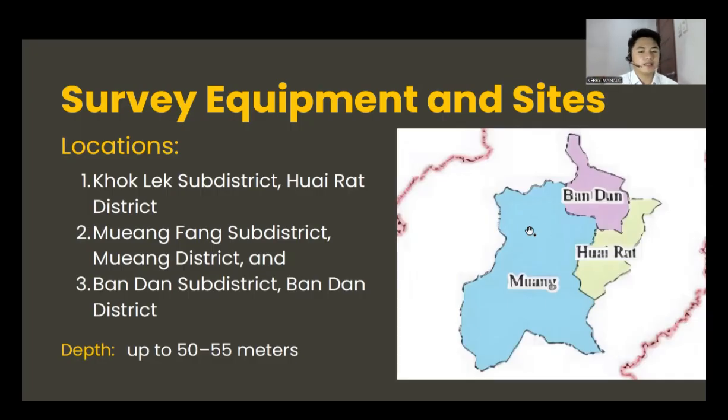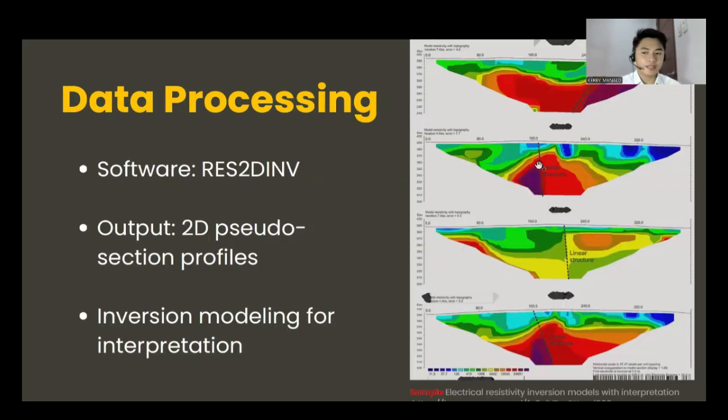Each site has a survey depth of 50 to 55 meters, enough to reach potential aquifers. Let us now move on to the data processing. After collecting field data, they used RES2DINV software to create 2D resistivity models.